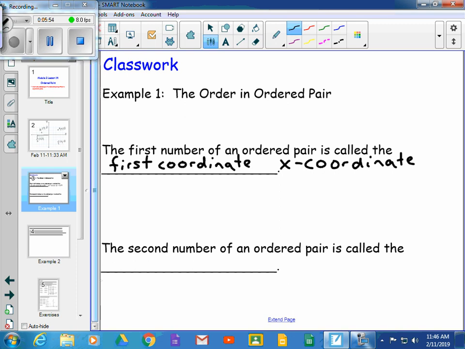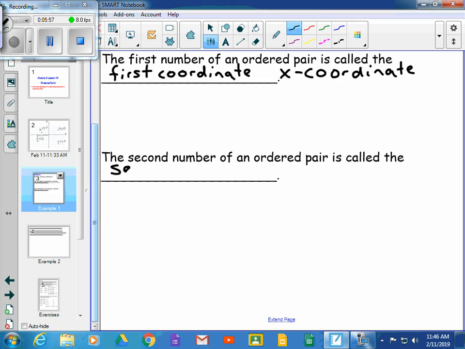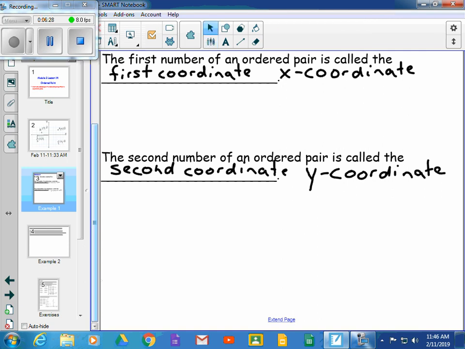The second number is simply called the second coordinate, or I like to call it the y-coordinate, because it describes the location of the point compared to the y-axis. Again, the y-axis is a line, a vertical number line. The y-coordinate is a number that describes the point's location on that line. Do not get those confused. It's one of my pet peeves.